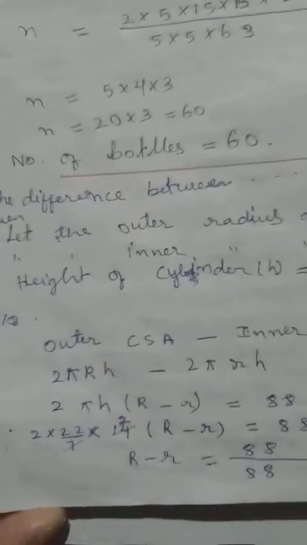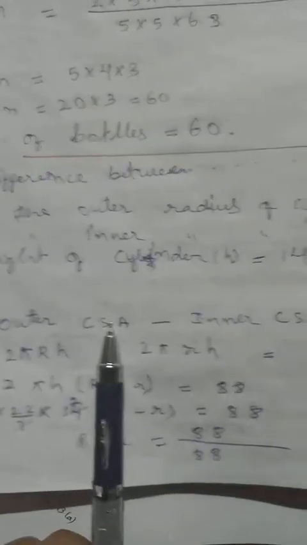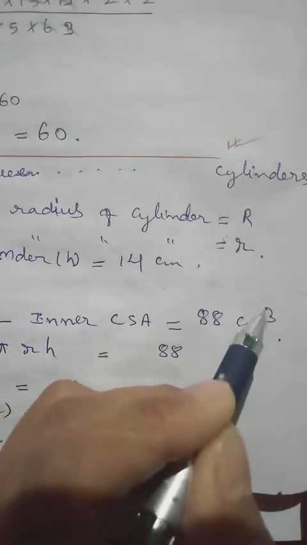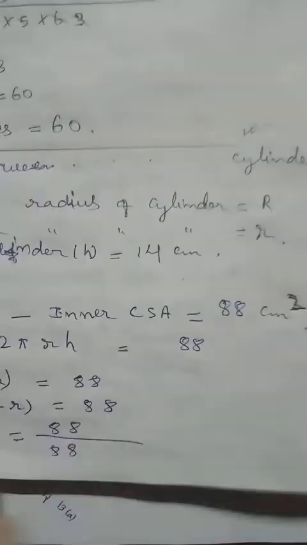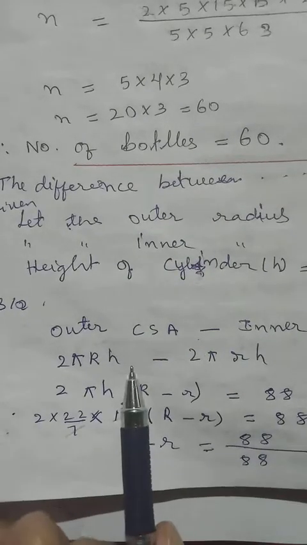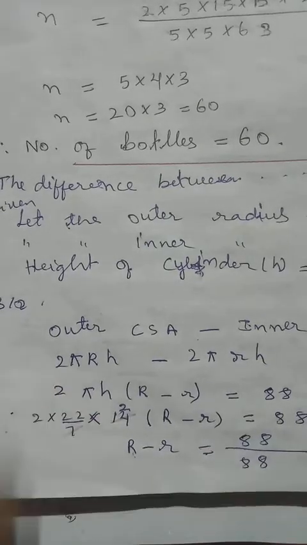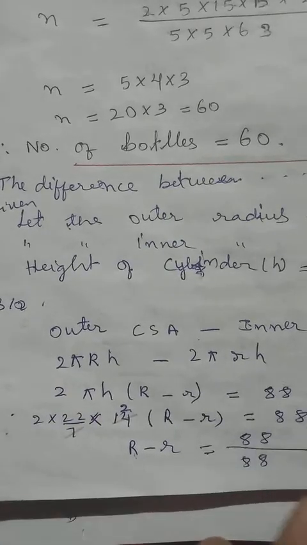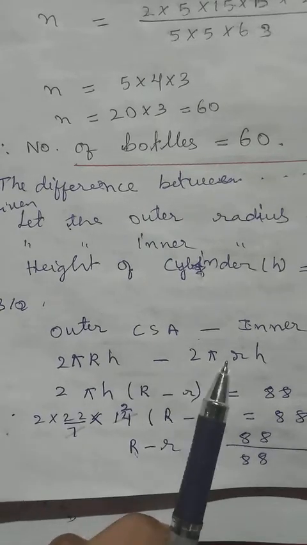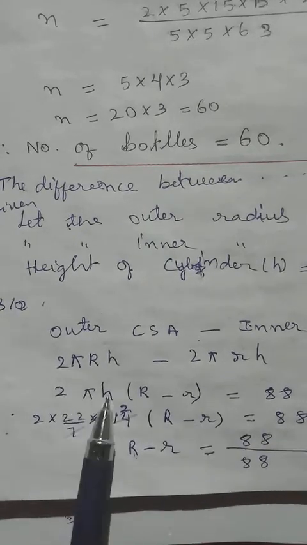So we use what the question says: the outer curved surface area minus the inner curved surface area equals 88 cm square. The formula for CSA is 2 pi R h, and for the inner, 2 pi r h, still equal to 88. So 2 pi h is common, we take it common.